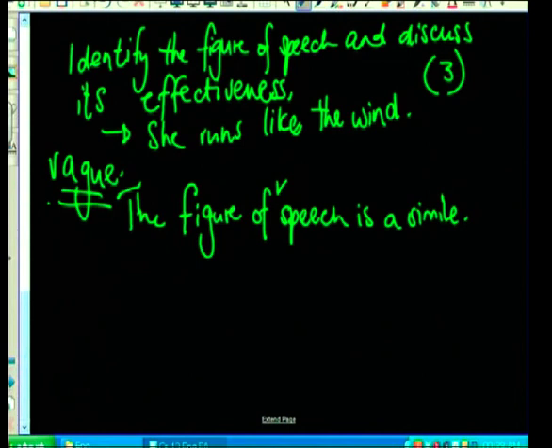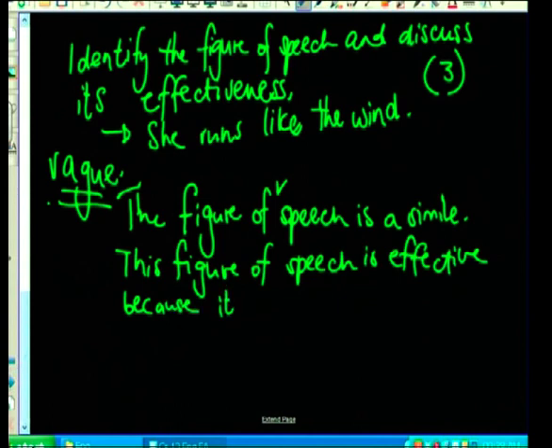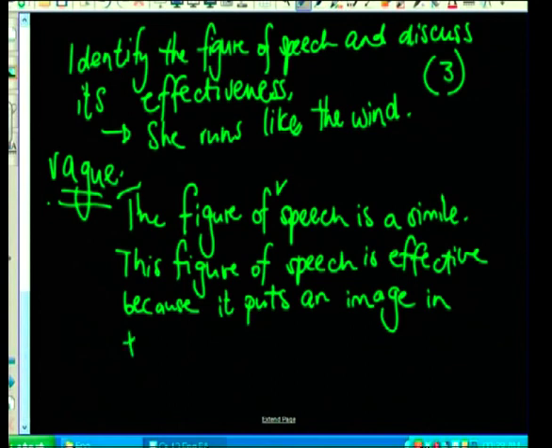This figure of speech is effective because it puts an image in the reader's mind.